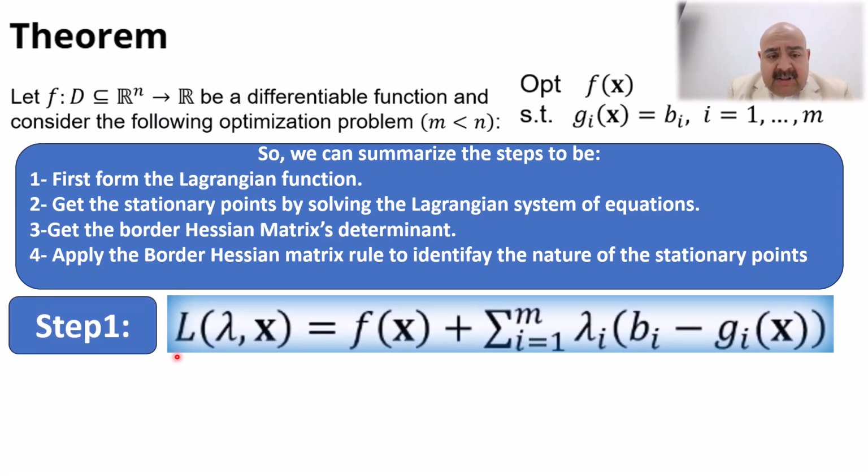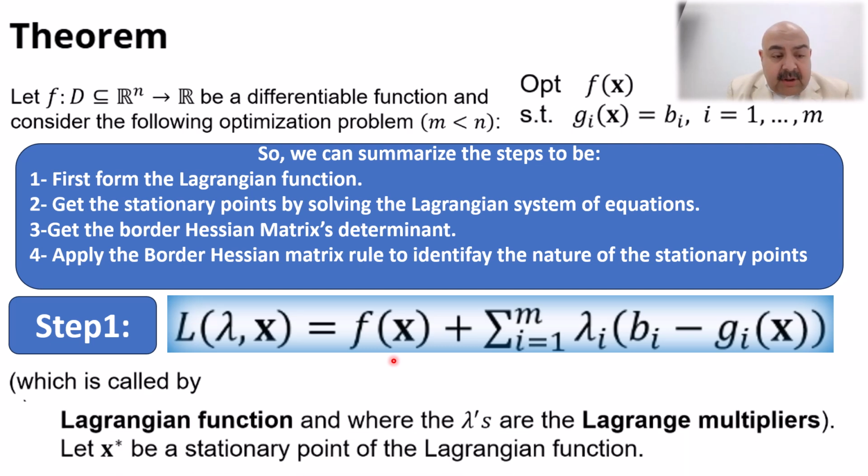First of all, that's the form of the generalized Lagrangian function. Here's the function required to be optimized. Those are the conditions we need to satisfy during the optimization of f of x, which is called the Lagrangian function, and where lambda are, of course, the Lagrange multipliers.